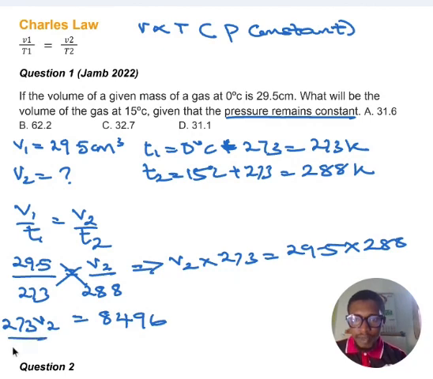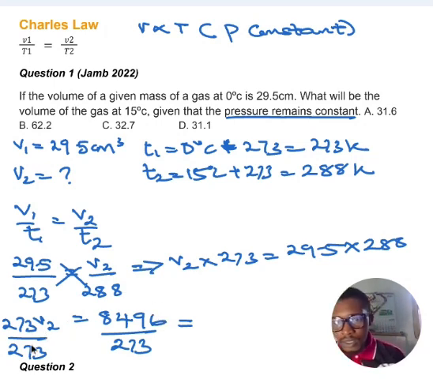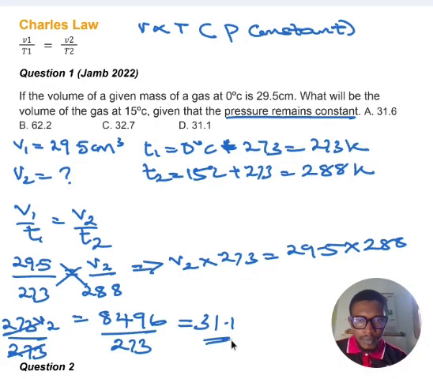So you divide here by 273 and divide here by 273. When you do that, this cancels this, so your V2 becomes equal to 31.1 cm cube. So the answer here is D.